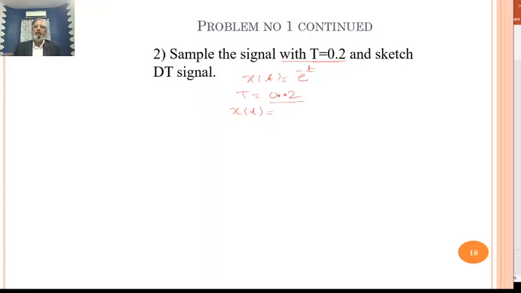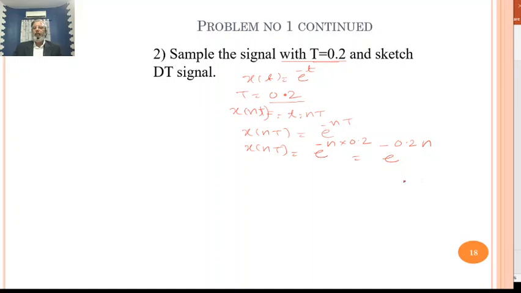The discrete time signal is like this: x of nT, substitute t equals nT. Here instead of t, substitute nT: e raised to minus nT. Now what is T? T is the sampling period, and that is given, so x of nT equals e raised to minus n into 0.2, means this is e raised to minus 0.2 into n.